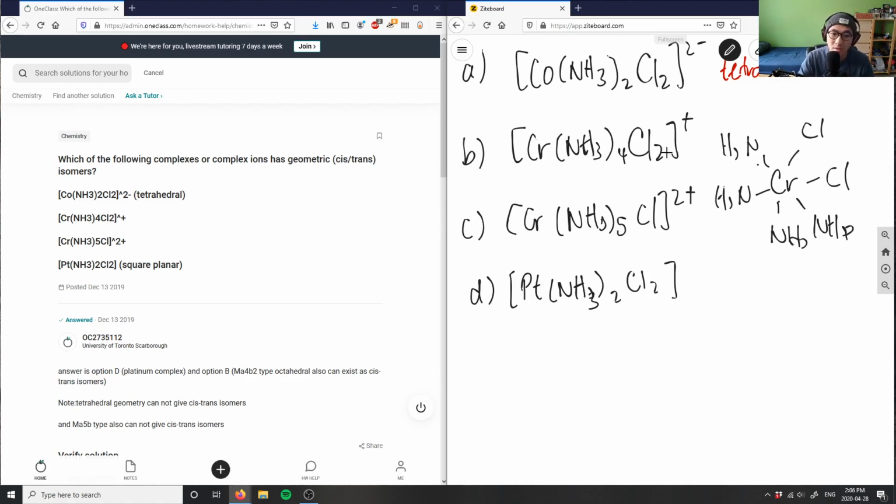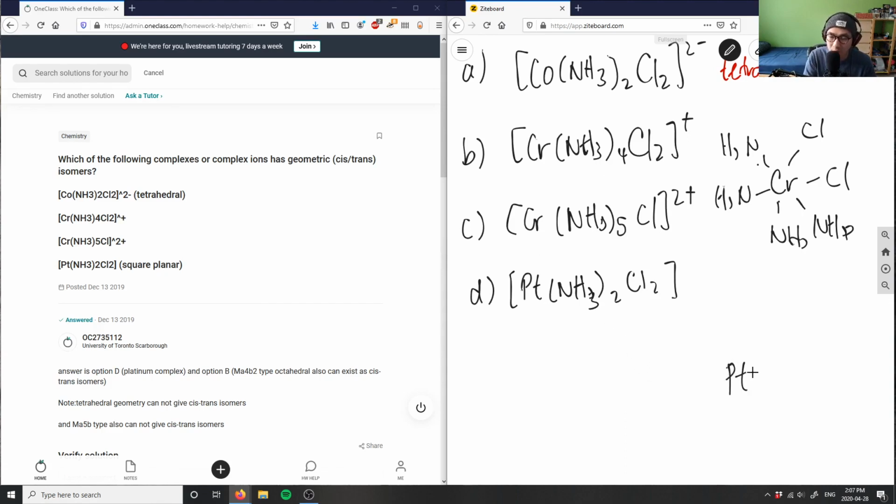C here is also an octahedral group. It's just replacing one of the chlorines with an ammonia group, so it's also octahedral. So we have tetrahedral and octahedral shapes here. And D I would get something like a square planar, right?